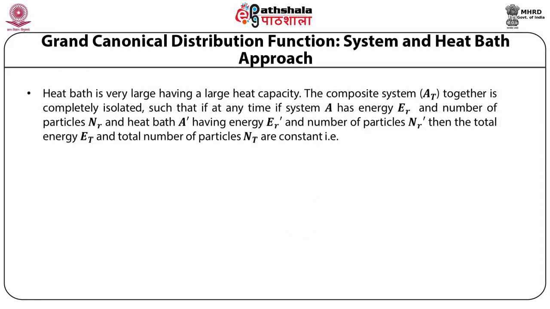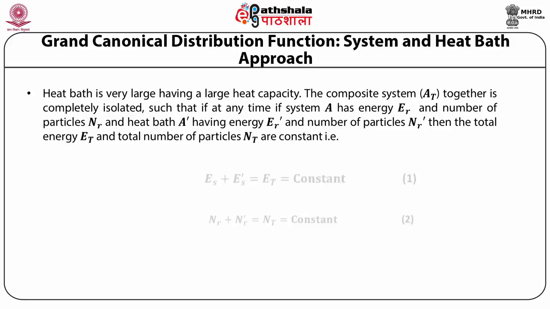The heat bath is very large, having a large heat capacity. The composite system A_T together is completely isolated, such that if at any instant of time system A has energy E_s and number of particles N_r, and heat bath A' having energy E'_s and number of particles N'_r, then the total energy E_t and total number of particles N_t are constant.